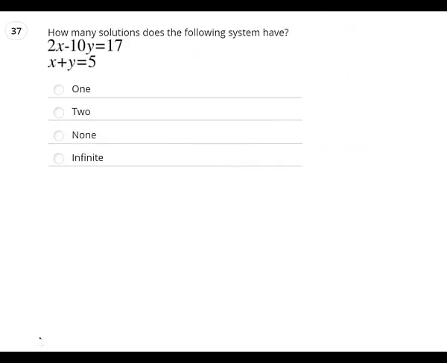The other side of that is how many solutions does it have, and we can get it from the same thing by solving for y. Or you just start solving it, but I'm going to go ahead and solve for y. What am I going to do to move this 2x to the other side? Good, so 10y equals negative 2x plus 17, and then what are we going to do to move the 10?